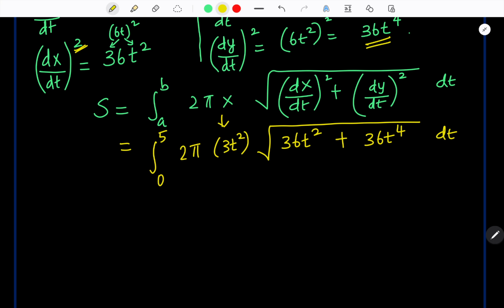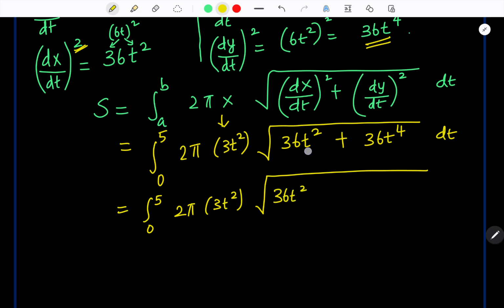The same situation as the previous problem. Don't simplify anything, keep it as it is, because we are going for the substitution method. So integral 0 to 5, 2 pi, 3t square. What am I going to take common? I'm going to take common 36t square, because here t square, here t power 4. So 36 is common, 36t square I'm taking common. So 1 plus the remaining t square, into dt.